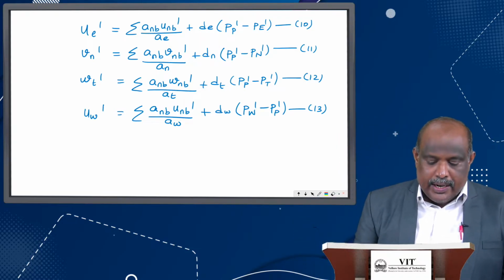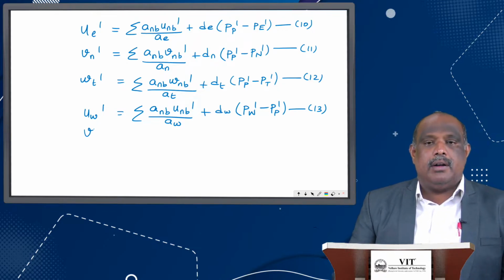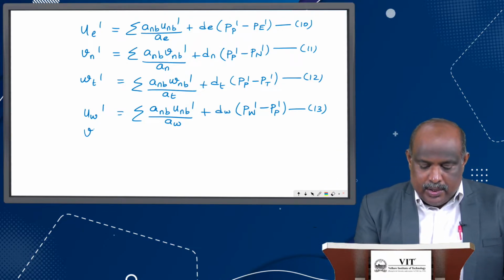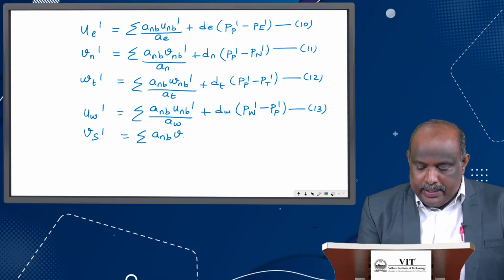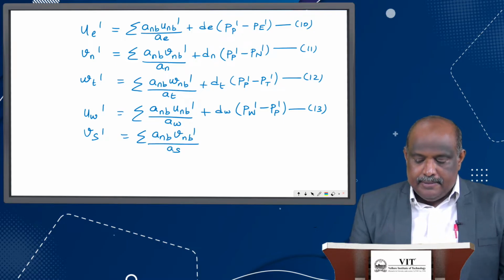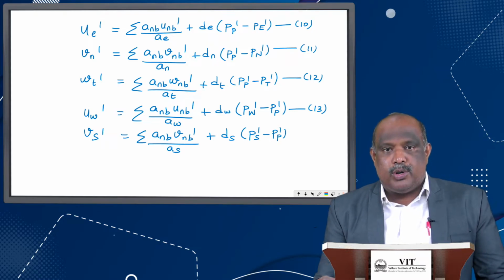Now let us first have the term of velocity vector V, but not on the northern side but on the southern side. So VS prime will be equal to sigma of ANB VNB prime by AS plus DS of PS prime minus PP prime. I hope it is more clear now.